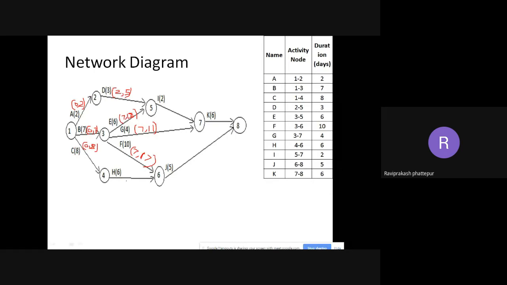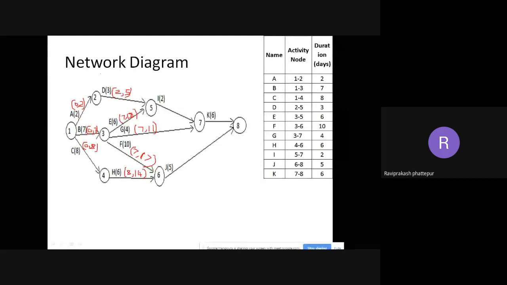Next, coming to I. If you see, two things are coming here: D and E are coming to I. D is finishing at 5, E is finishing at 13. But to start I, it is after D and E. So I have to take the maximum one.